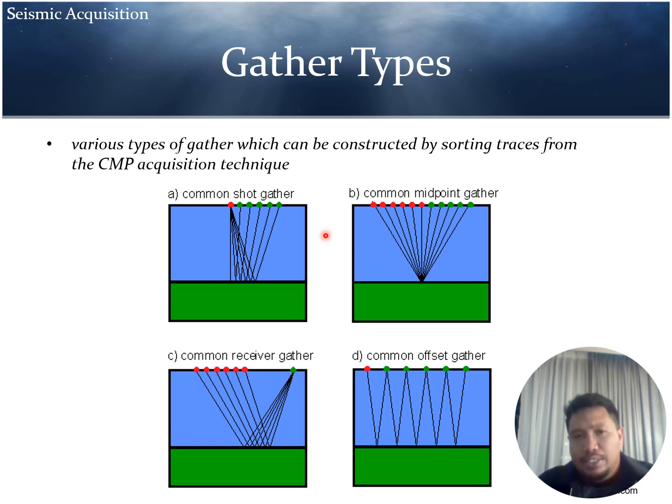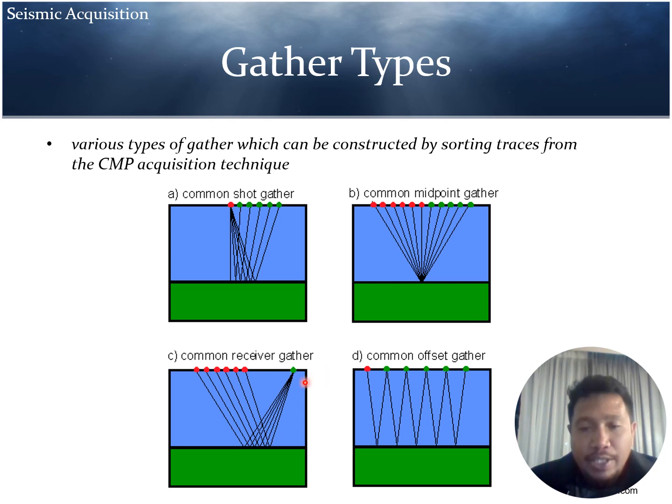We gather from multiple shots, of course, and we sort all the data that hits the same reflection point, as we discussed earlier, or sometimes we call it the midpoint on the surface. So this method involves recording seismic signals at different offsets from a common midpoint.